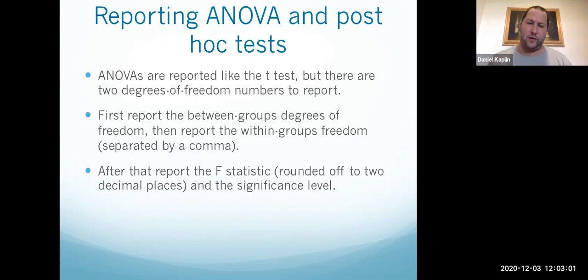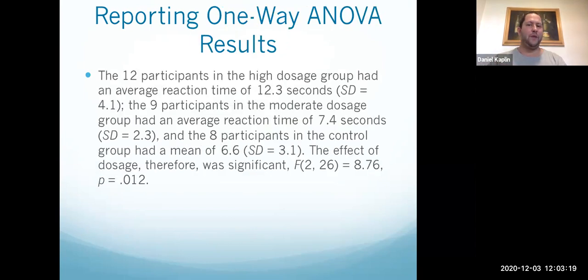You report the between groups degrees of freedom, followed by the within groups degrees of freedom, and they're separated by a comma. After you report the F statistic, you do F equals, you put the significance level or the p-value at the end. So here's an example of reporting one-way ANOVA results.